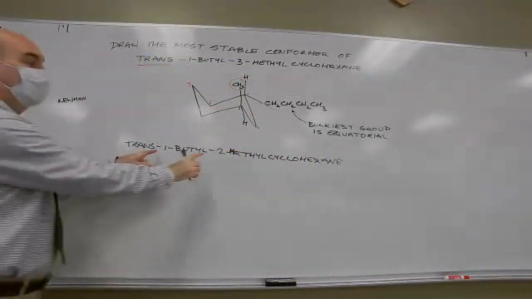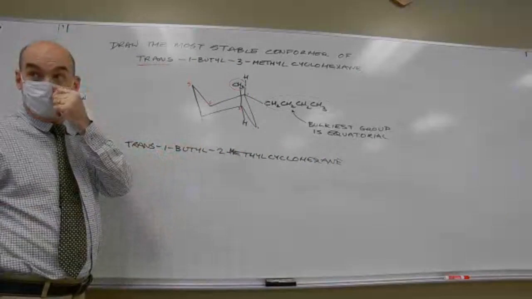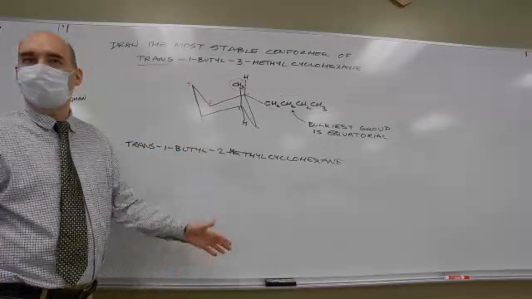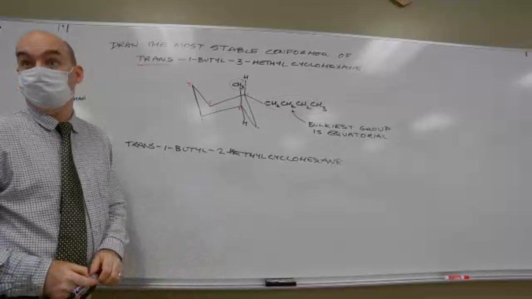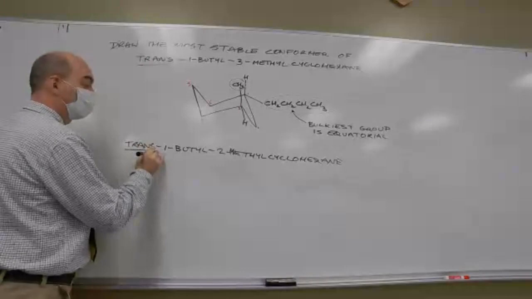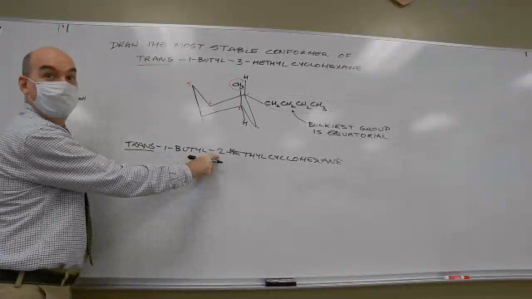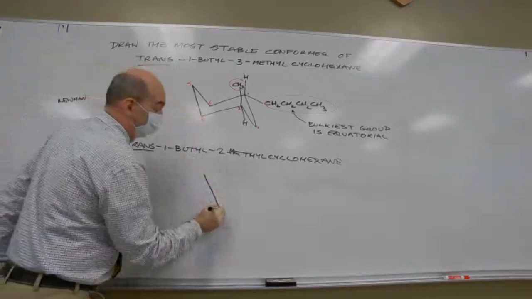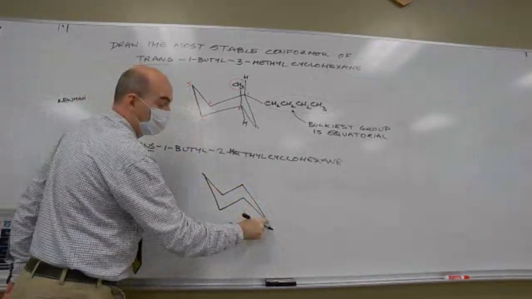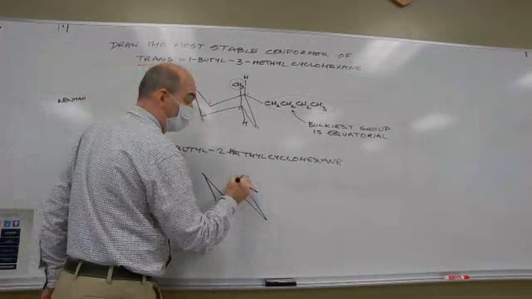This is now 1, 2. This is getting to the question that Marcella asked earlier. Is cis better than trans? Is trans better than cis? It depends. The trans isomer at a 1, 2 — let's make this number 1 and that number 2, okay?